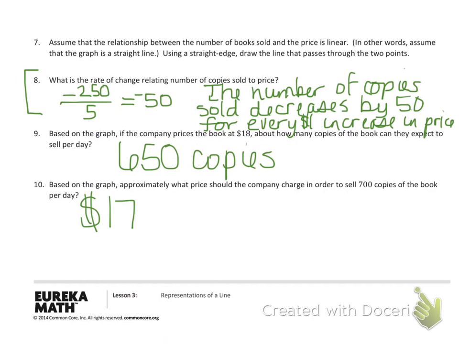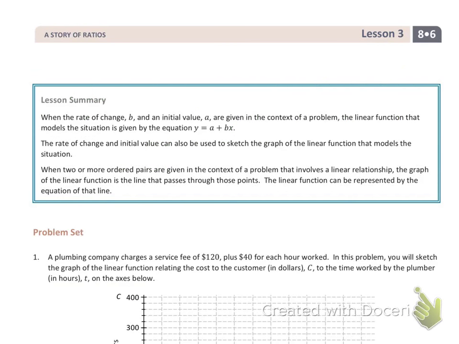Okay. So we're getting a lot of good practice with these. You guys are going to know these backwards and forwards. Now I want you to look at what they've done here. When the rate of change b and an initial value a are given in the context of a problem, the linear function that models the situation is given by the equation y equals a plus bx. Okay, so don't be thrown by the change to a and b.